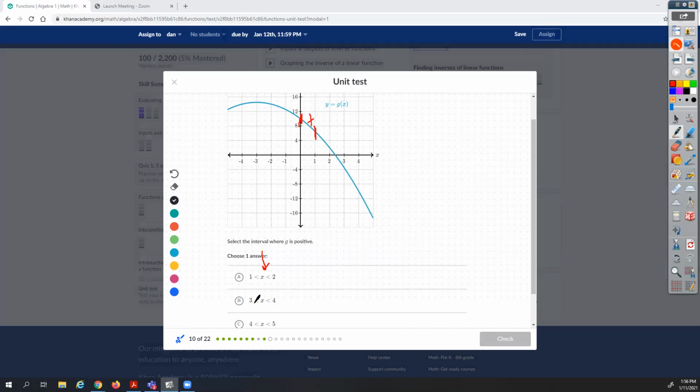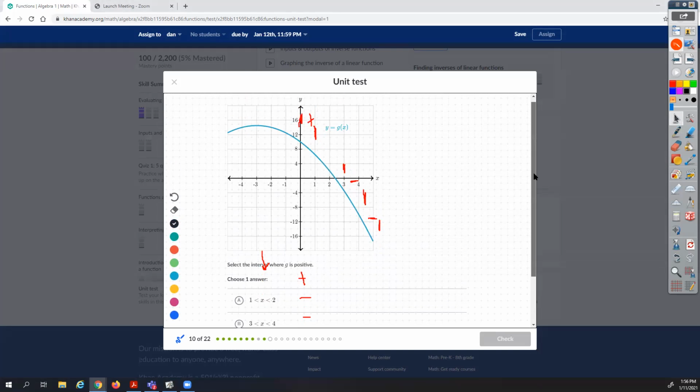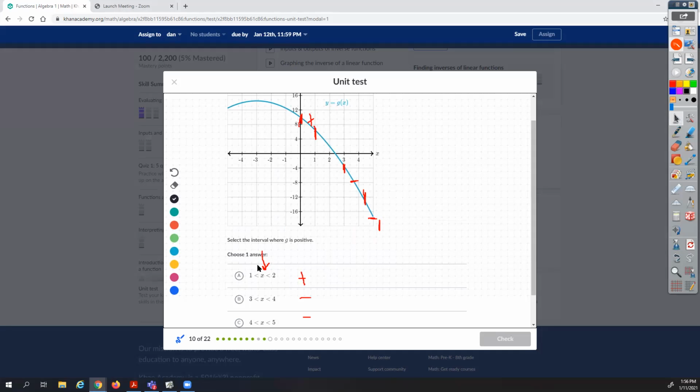It is positive. We go to 3 and 4. This is negative. We go from 4 to 5. It is negative. So this is positive, negative, negative. And that's it. It's just going to be the first one.